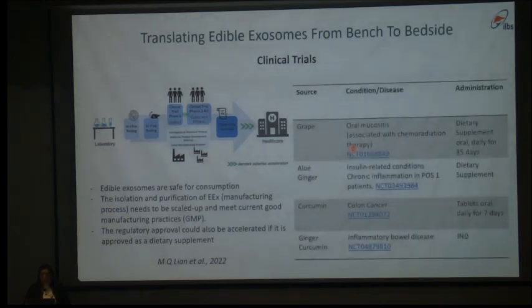So far, since it is only 3 or 4 years, there are only 4 clinical trials, for grape, for aloe vera, and for ginger and curcumin, and ginger curcumin together. They are giving it as dietary supplements and even in tablet form, orally, for oral mucositis and even for colon cancer and IBD.